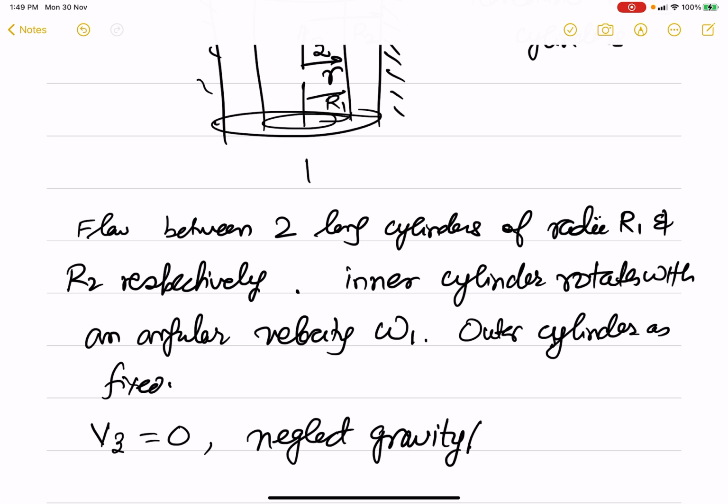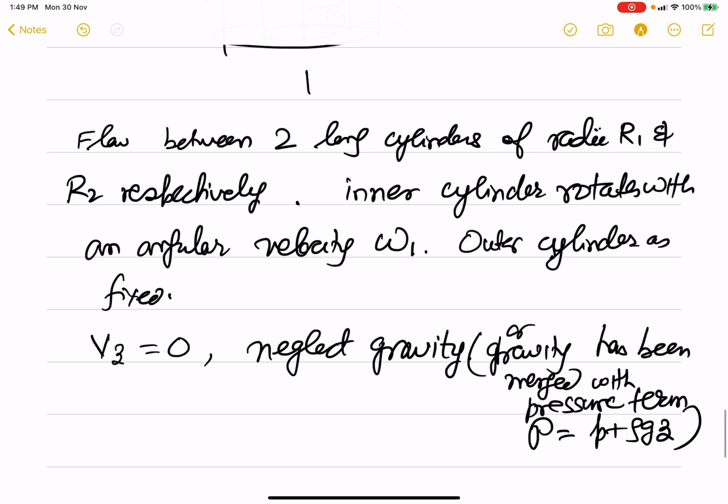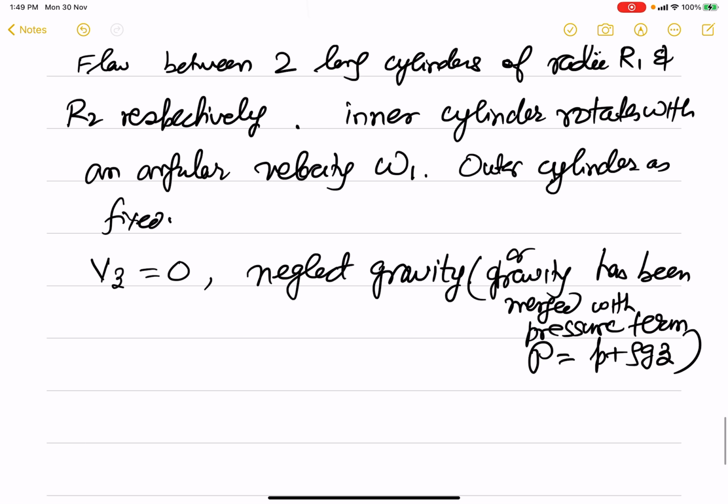So basically here you could have also said that we have used the trick that gravity has been merged with the pressure term. We define script P as P plus rho gz, and then we will get the same equations.